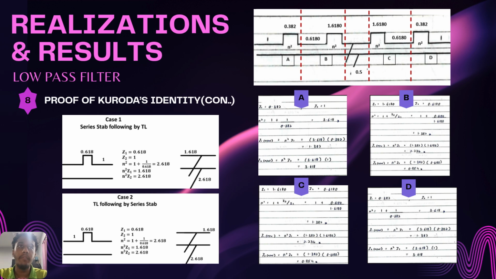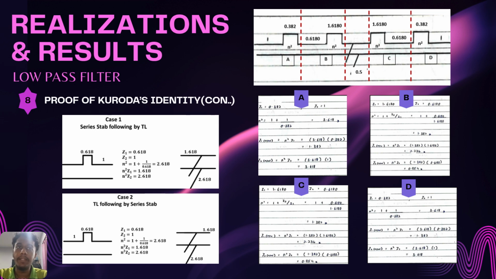For A, we have to use the TL followed by series stub, and for B also the same, TL followed by series stub. And for C and D, we have to use the series stub followed by TL.